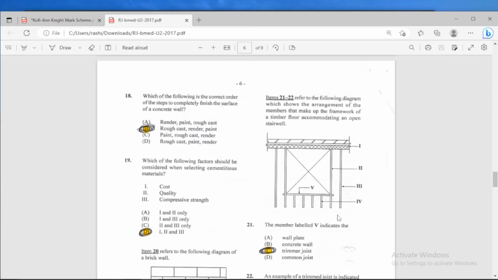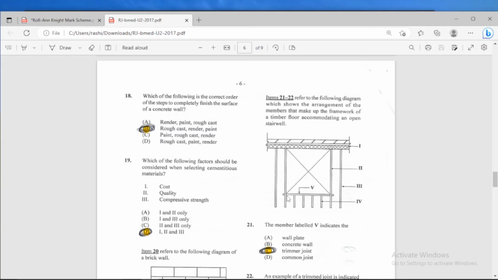It says the member labeled V or 5 indicates the wall plate, the concrete wall, the trimmer joist, or the common joist. In this case, a joist, as I said before from a previous question, is like the base on which we're going to build our floor, or a finished floor. It's a part of the floor, but it's the baseboards that we use to build our finished floor. So the answer here would be a trimmer joist.